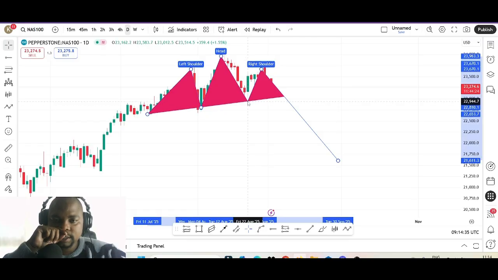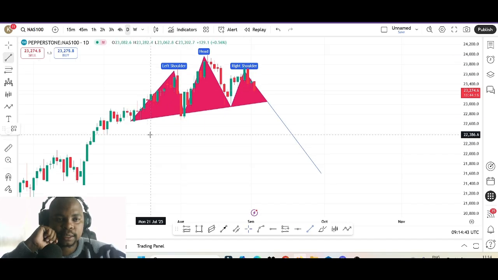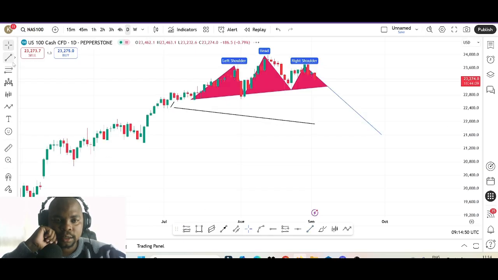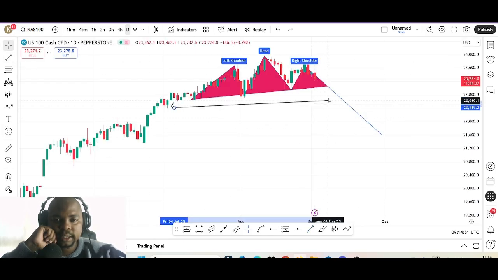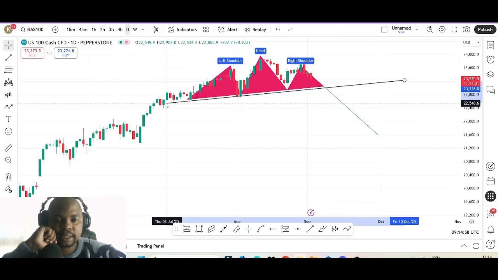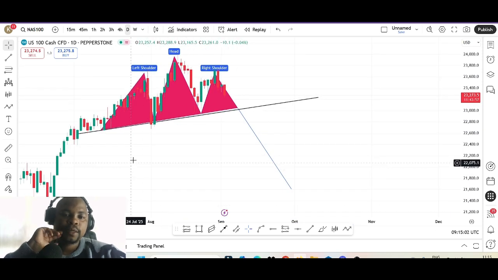So this is a clear head and shoulders pattern that is demonstrated to us here. This is a clear head and shoulders pattern that is demonstrated in front of our eyes here.